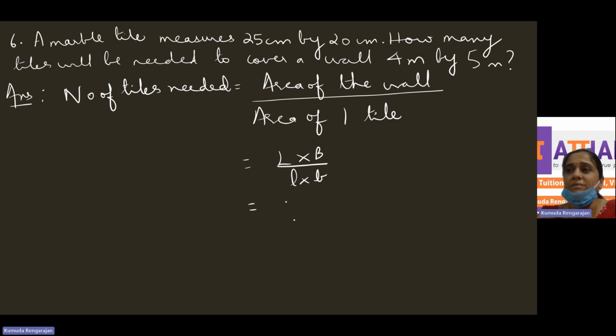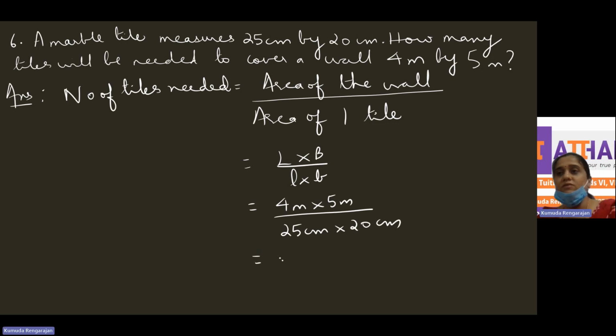Now stop writing and tell me. For the numerator, it is the area of the wall. So what is the area of the wall? 4 meters into 5 meters divided by 25 centimeters into 20 centimeters.